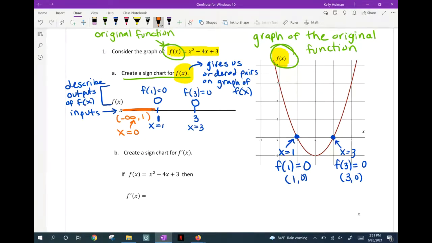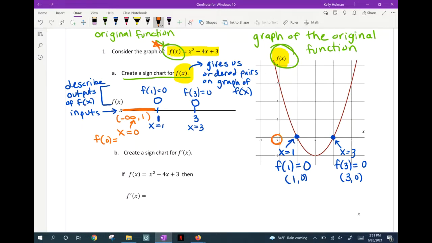Let's put 0 into the original function. You can either use the rule or just read the graph. If I put 0 into the function, what's my output? That's right, it's 3. You can get that two different ways.